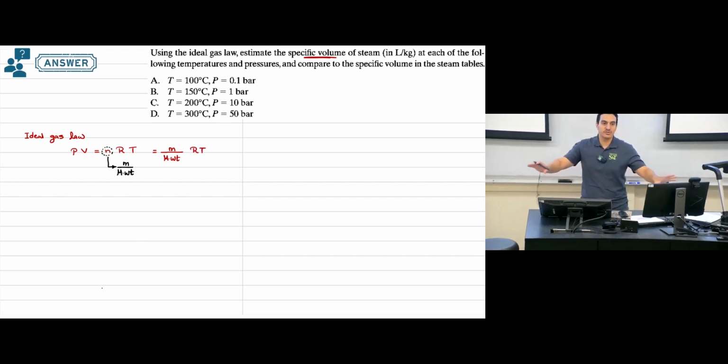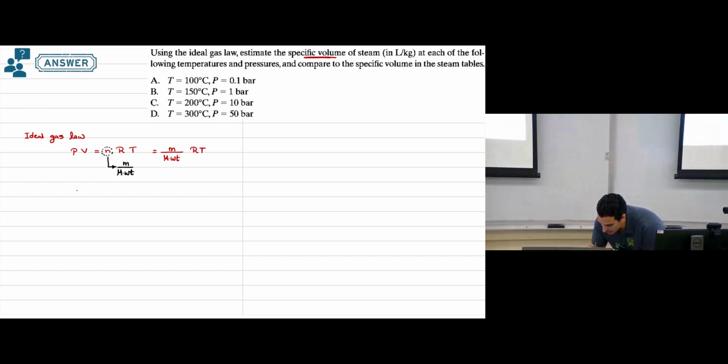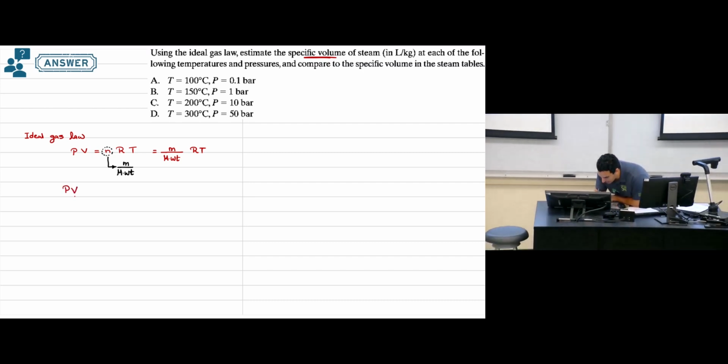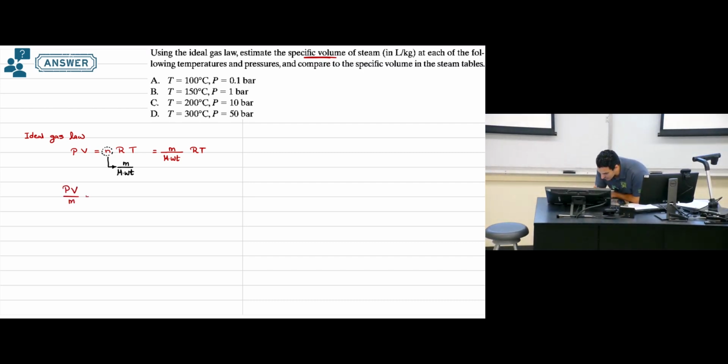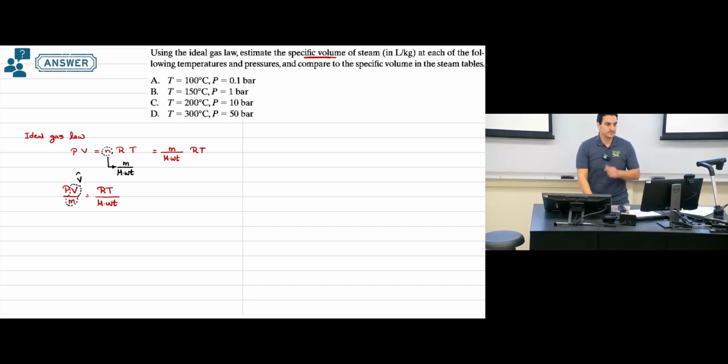If we divide both sides by mass, then I have PV over mass equals RT over molecular weight. Now you can see that in this term I have volume divided by mass. This is the specific volume I need to find.